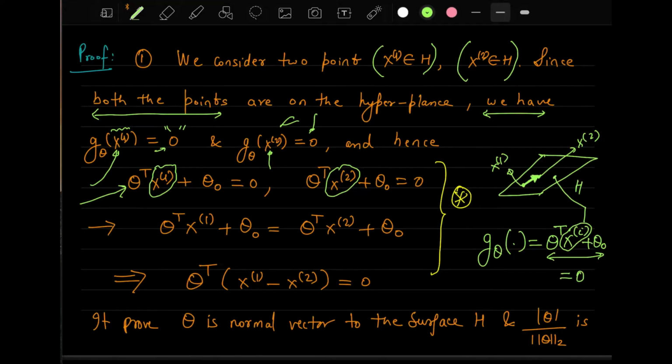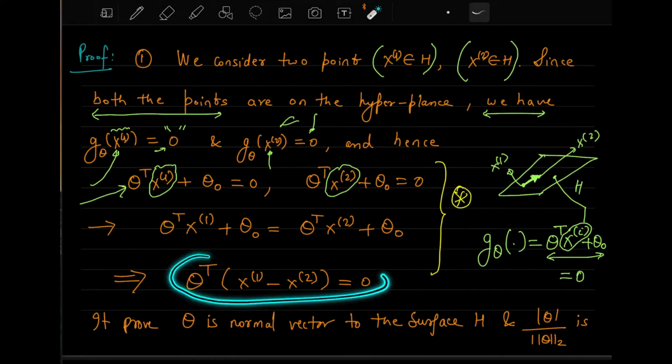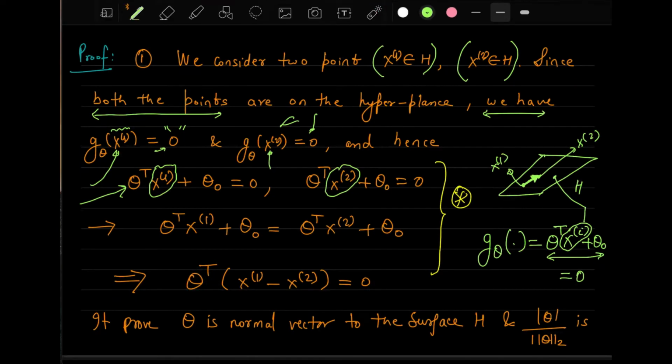Sir, both are also normal to each other. Yes. Once this condition is true, that means they are orthogonal to each other. So this means your theta vector is like this. This is your theta vector.